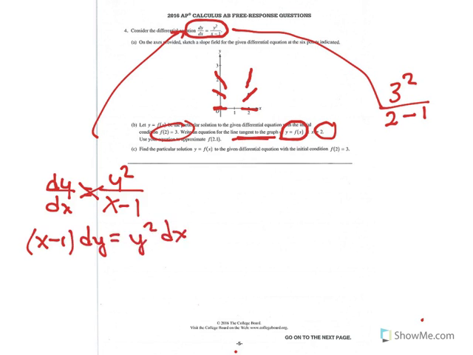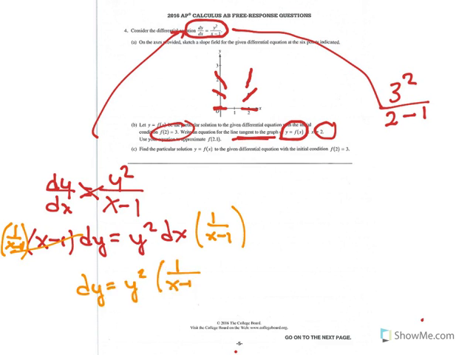And it's our worst case scenario because the dy's and dx's are not matched up to their sides. So what am I going to do? I'm going to multiply this side by 1 over x minus 1, and this side by 1 over x minus 1. They're going to be gone from there. So I now have dy equals y squared times 1 over x minus 1 dx.